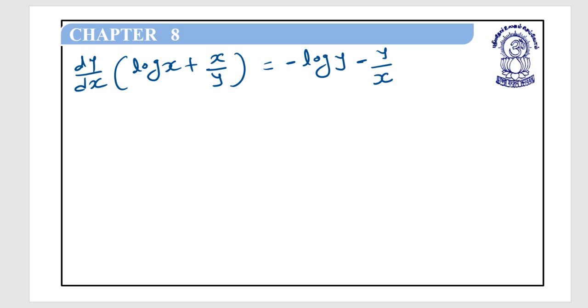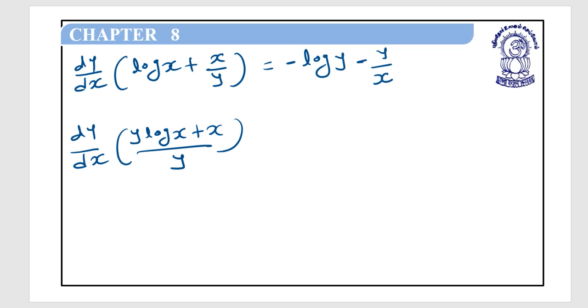So here dy by dx (y log x plus x upon y) is equal to minus common x log y plus y upon x.